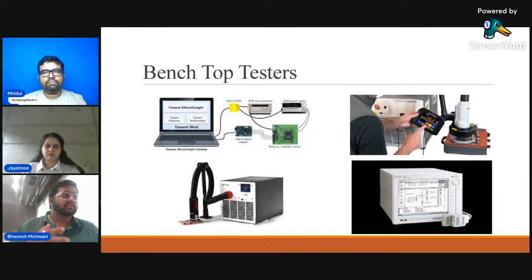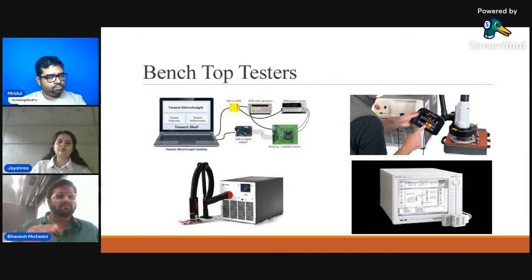Even these X-ray and inspection machines like SEM and others are tabletop machines. They come in a very small size. These benchtop testers are very small, easy to use, very low maintenance, and not very expensive. So these are the machines which can be used for small parameter testing and functional testing.